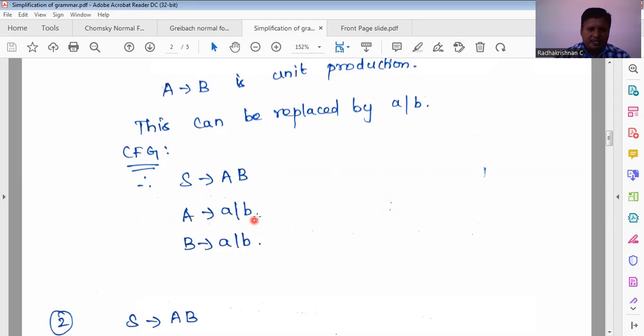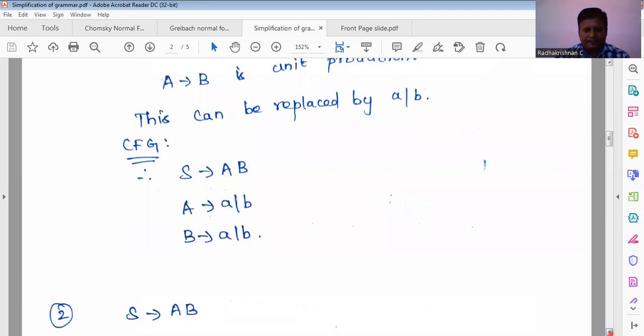A gives B, instead of capital B we replace the corresponding rule, so A gives small a or small b, and keep B gives small a or small b as it is.